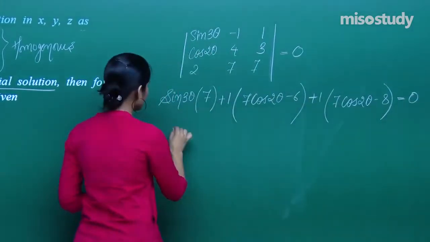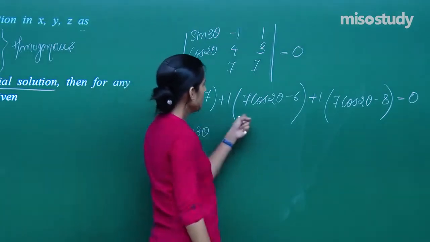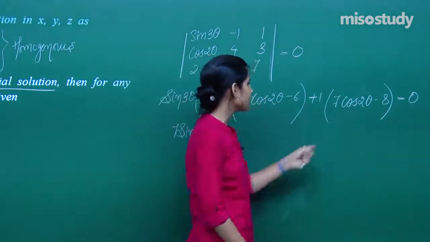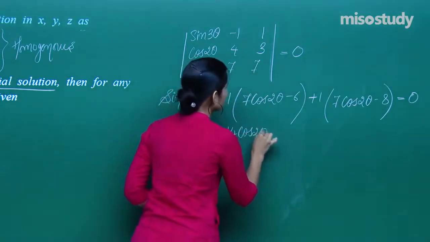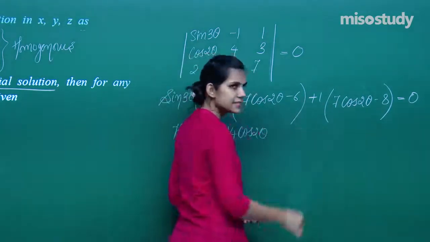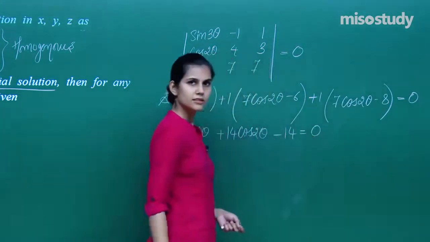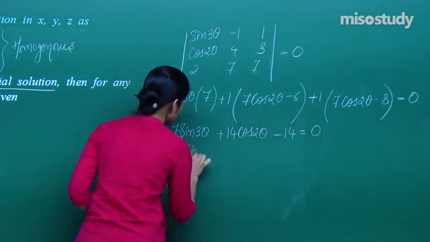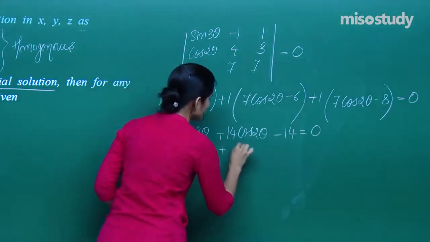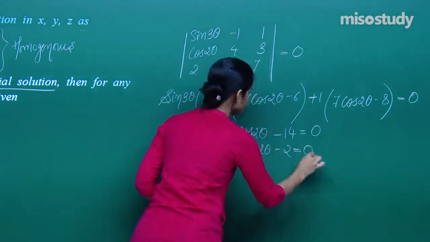Okay. So, you get 7 sine 3 theta plus 7 cos 2 theta plus 7 cos 2 theta. So, it is 14 cos 2 theta minus 6 minus 8 is this. Fine. You can see 7 can be brought out common. So, you have sine 3 theta plus 2 cos 2 theta minus 2 is 0.